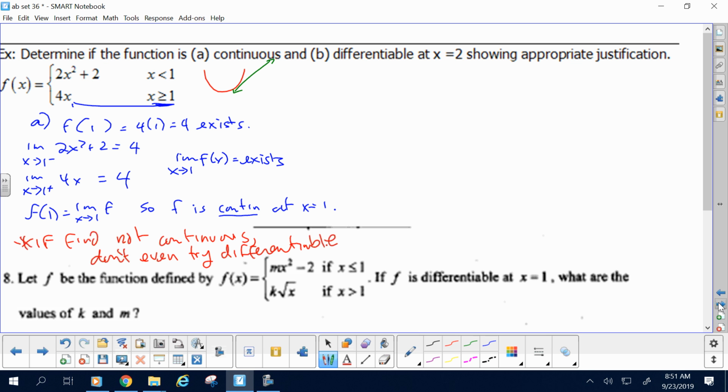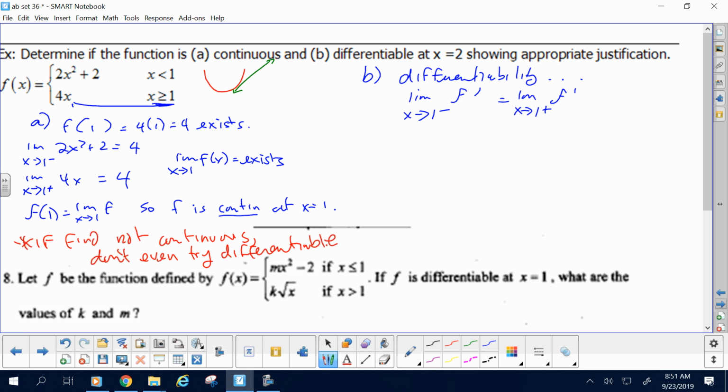Okay. So let's go with differentiability. Question is, as you approach 1 from the left, does the derivative equal the derivative as you approach 1 from the right?